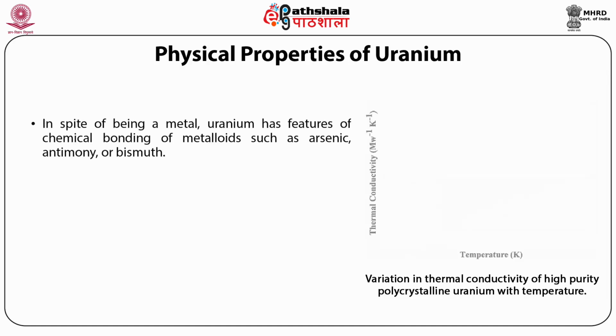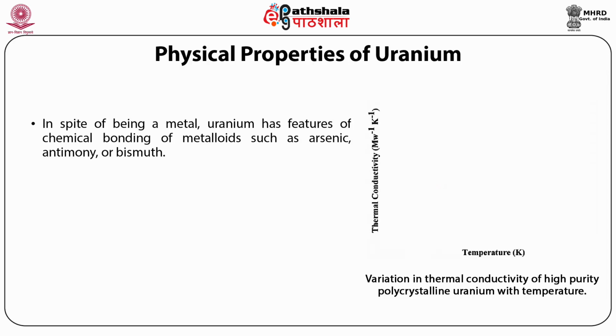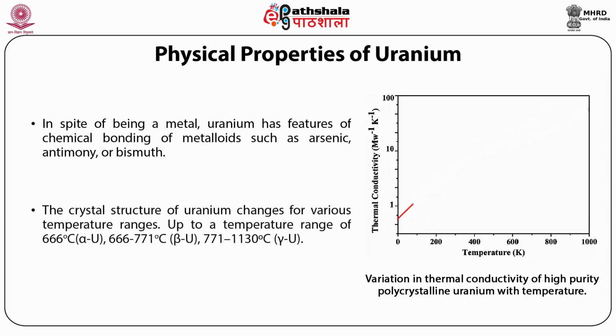In spite of being a metal, uranium has features of chemical bonding of metalloids such as arsenic, antimony, or bismuth. The crystal structure of uranium changes for various temperature ranges.